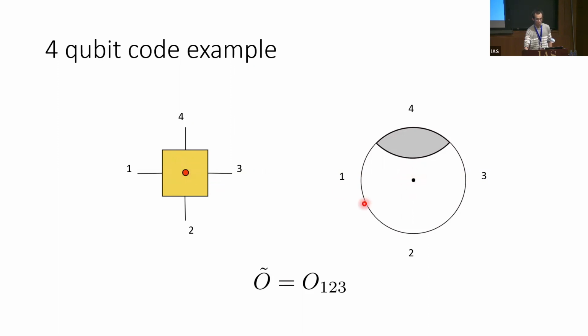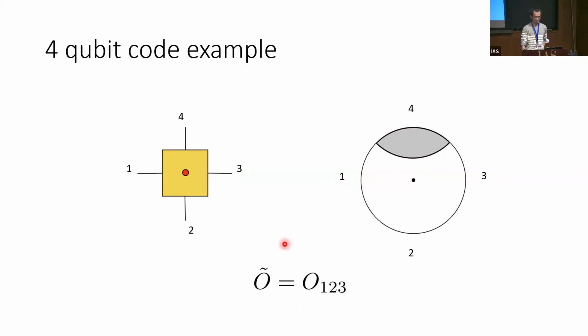Now, you have an analogous erasure correction property: if you have a bulk operator that's acting in the center of AdS, we all know that it can be reconstructed on the subregions 1, 2, and 3 through entanglement wedge reconstruction.